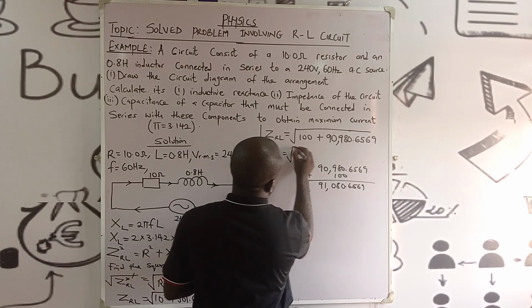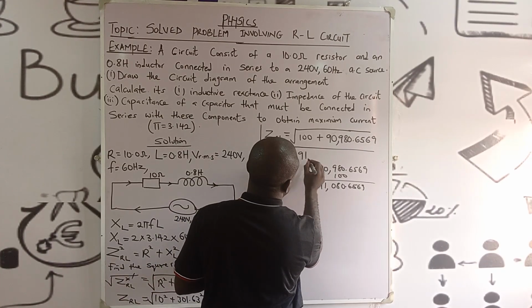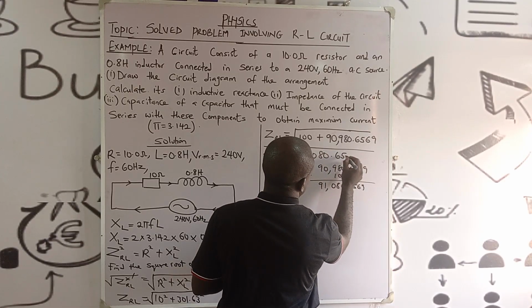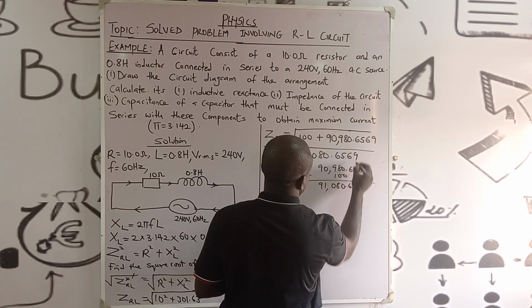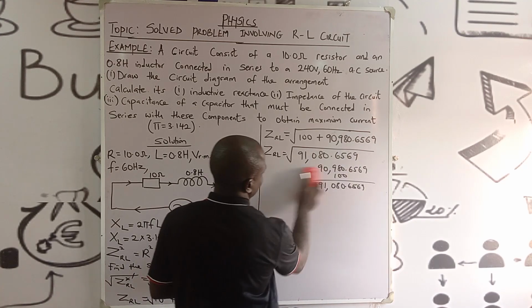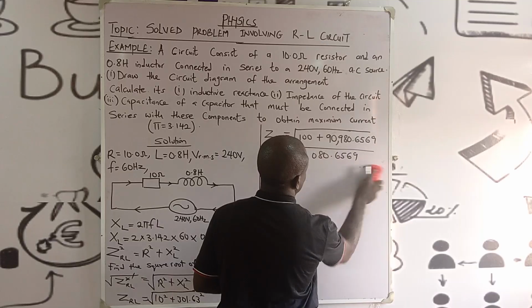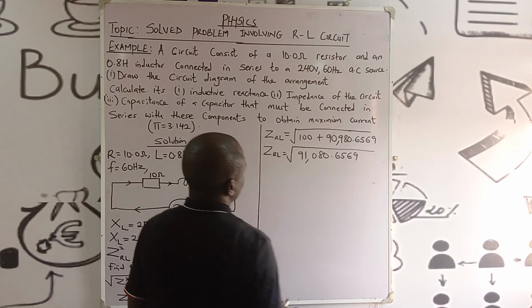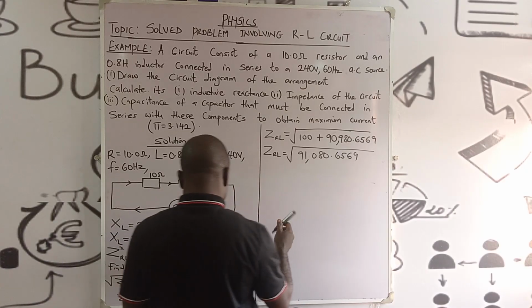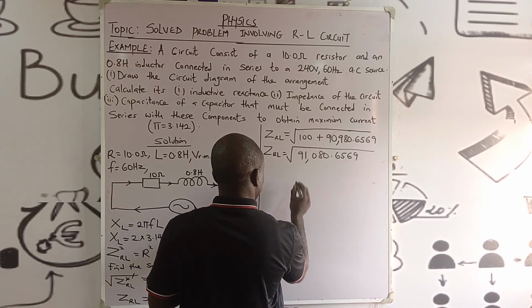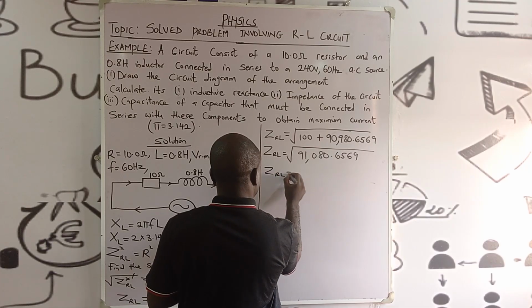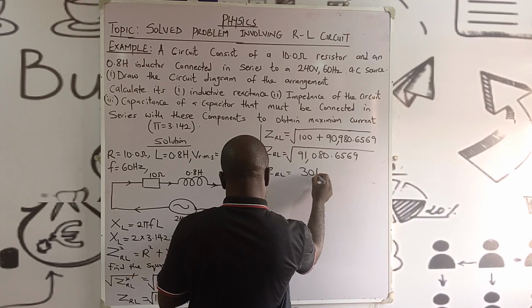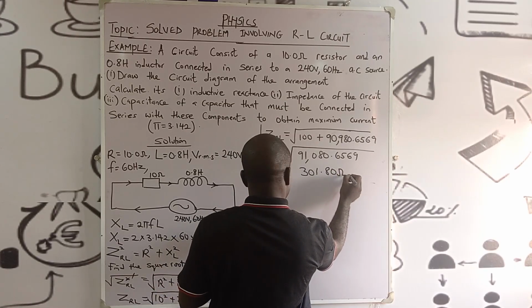ZRL equals the square root of 91,080.6569. When you press the calculator, you have ZRL equal to 301.80 ohms.